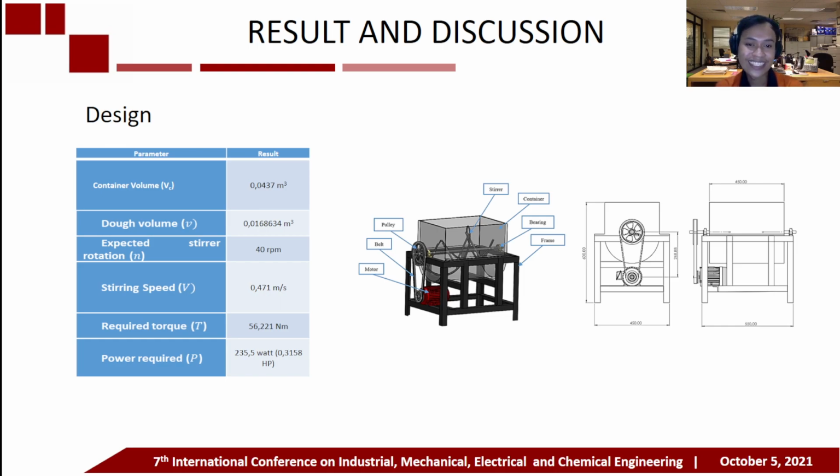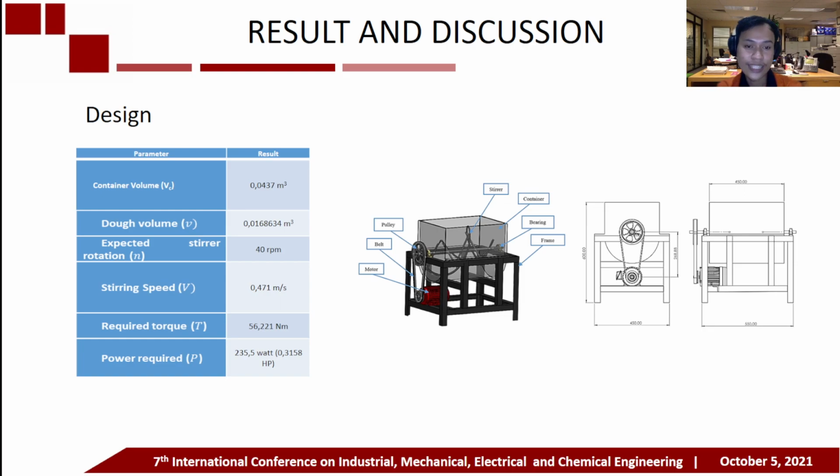Based on the literature study, the horizontal type of mixer meets the criteria needed by MSME's user, including a large enough capacity according to the needs ranging from 10 to 20 kg, and the resulting dough is more even and smoother due to the horizontal position of the stirrer, and the resulting power is stronger. The time required for the stirring is faster, and the production costs are more efficient.